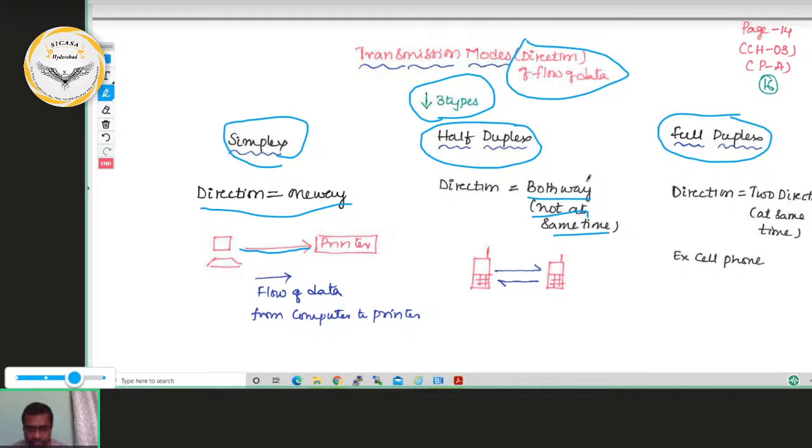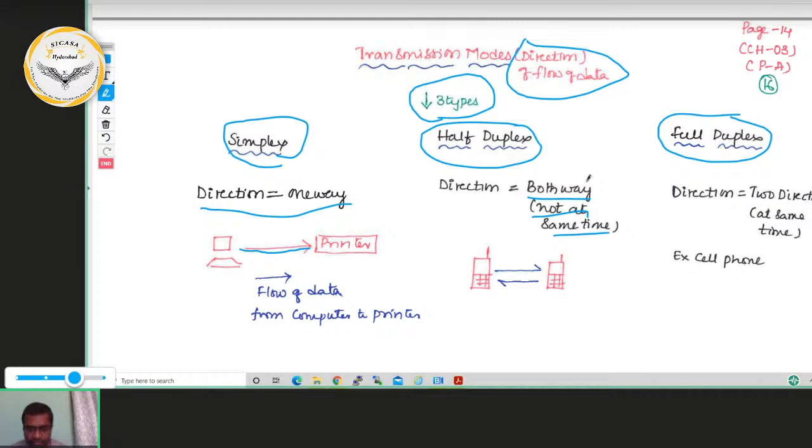So what do you mean by serial transmission? If you have a single wire or a single transmission medium where you can transmit one bit after other bit. So if you see here, I have 1 1 1 0 1 1 0 1 0 1.